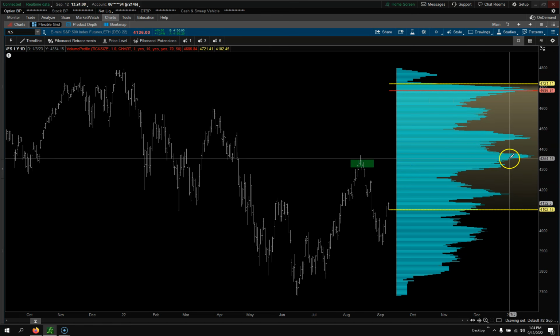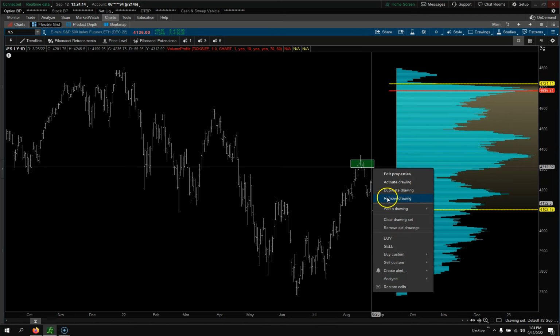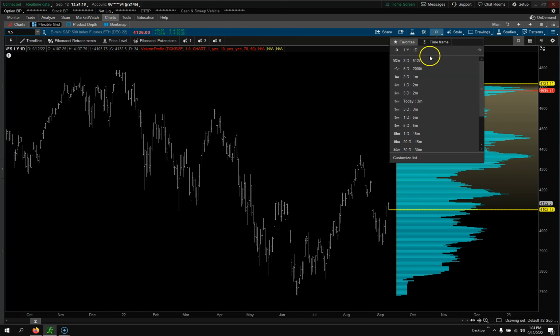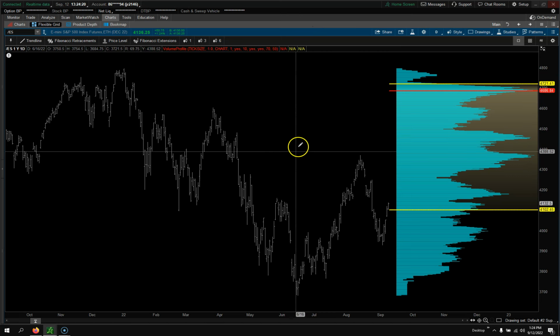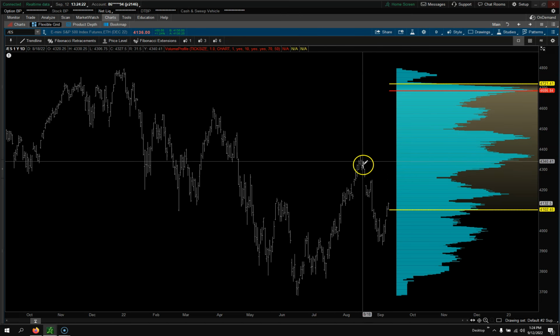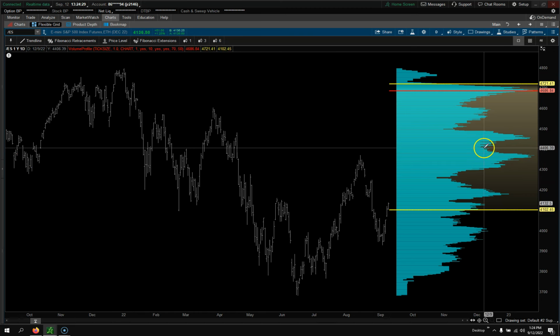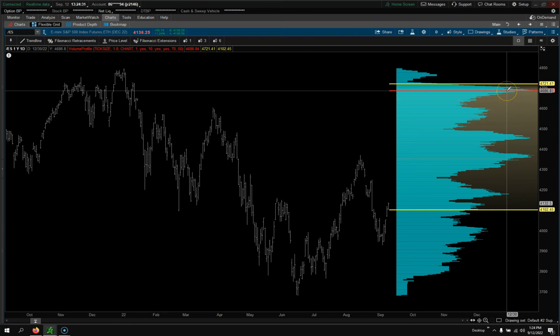What this is, is more of just a volume profile. It's based off how many contracts have traded at that price over the past. In this example, we have 1 year, right? So over 1 year, this is a very heavy side where multiple contracts have traded, okay? But the most have been way up here, which is our volume profile point of control, right?